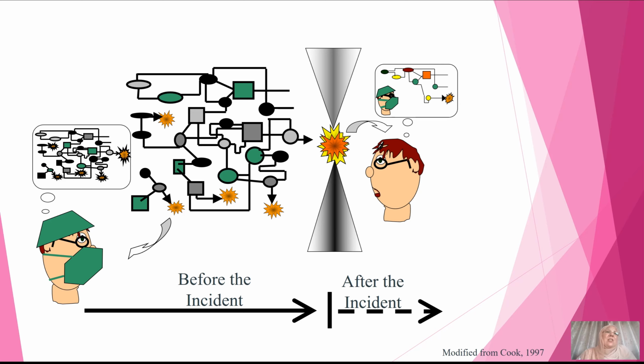So this is just making an illustration. Before the incident, you can see in this illustration, you have a lot of possible potential error traps within the work processes. After the incident, it is much more straightforward. They have simplified some of the work procedures and only one error trap remains.